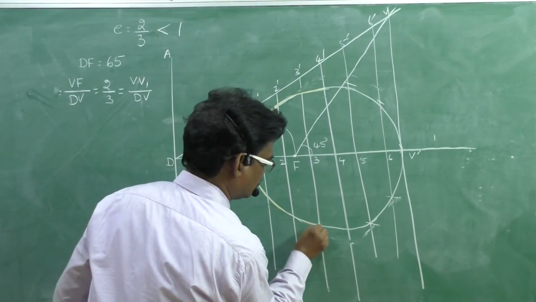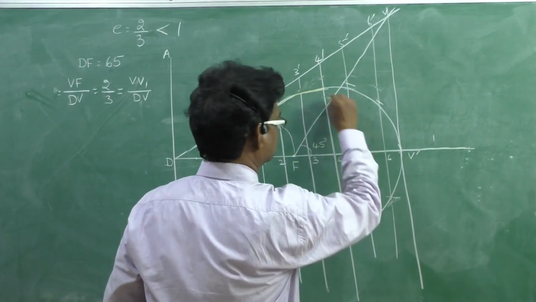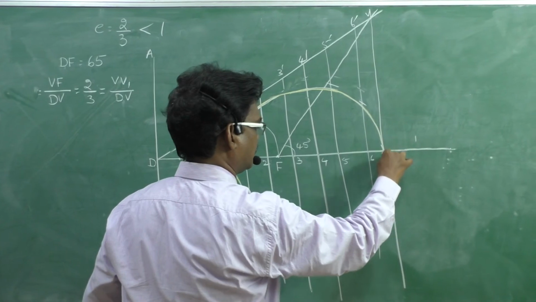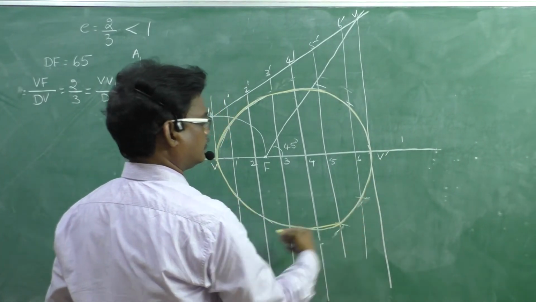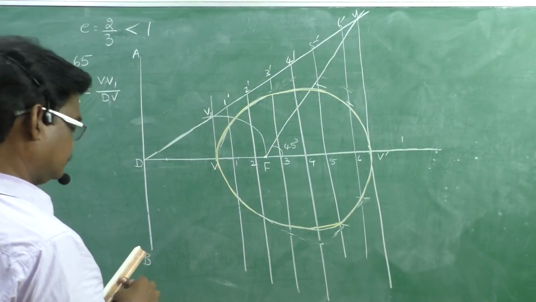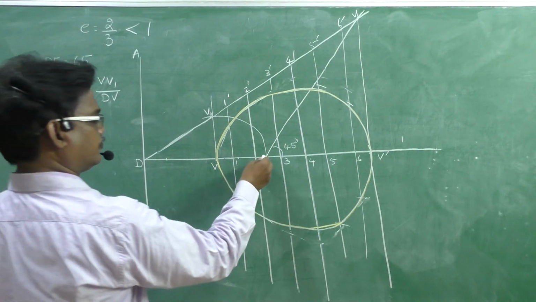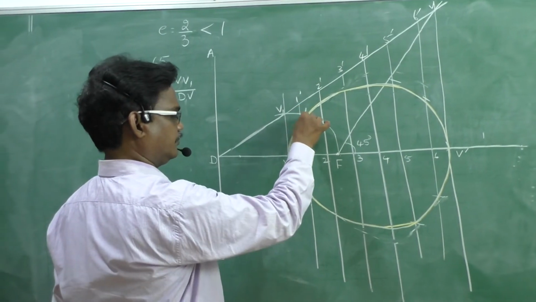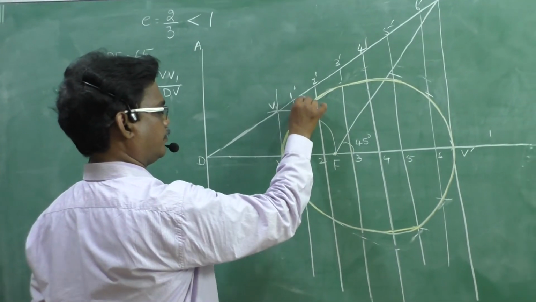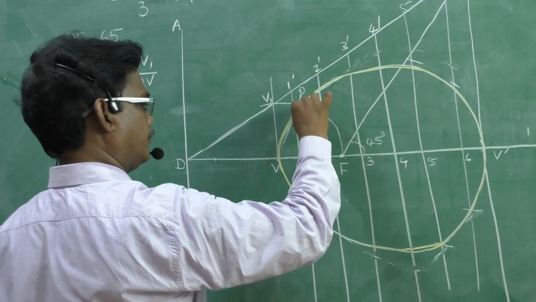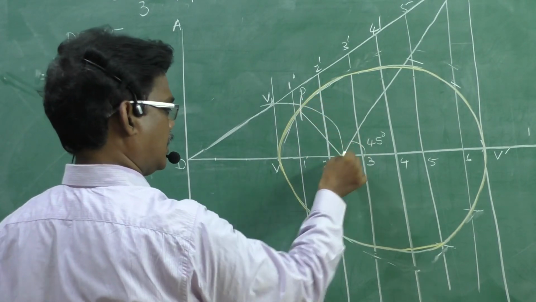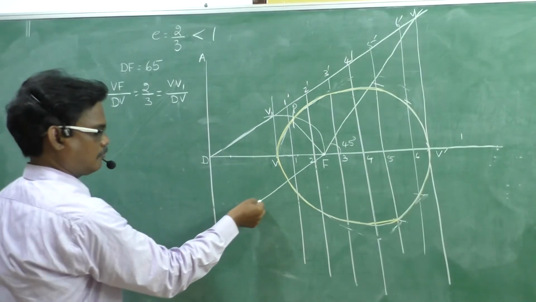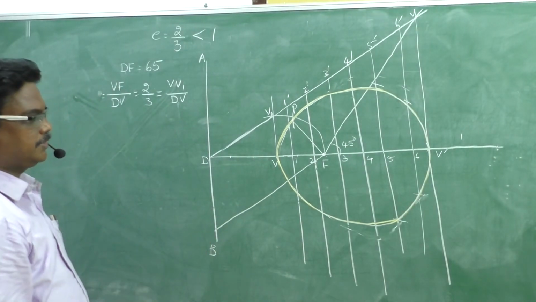Here also, to draw tangent and normal, the same methodology we can implement. Suppose from F, consider 55 mm and mark P, and P to F, draw a line and a perpendicular line to that PF line.